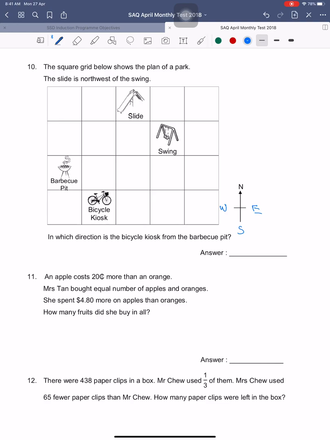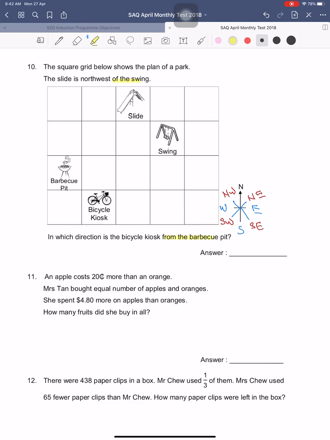Remember the 8-point compass. So from here, if you extend, use another color. So this will be northeast, this will be southeast, this will be southwest, and this will be northwest. So that's the first thing. You need to remember how to label your 8-point compass. Second thing, when you are doing this type of question, take note of one very important word: of the, or from the.